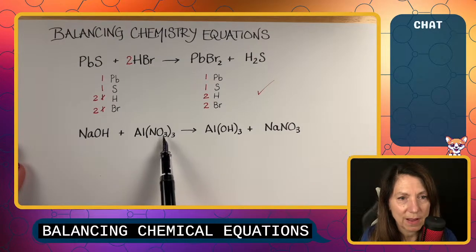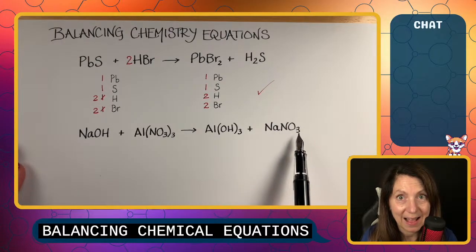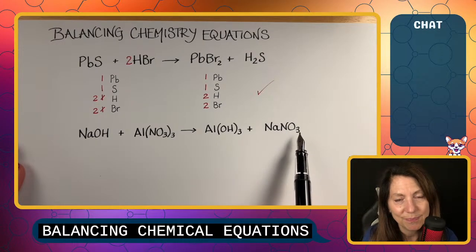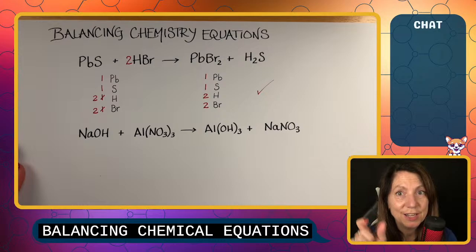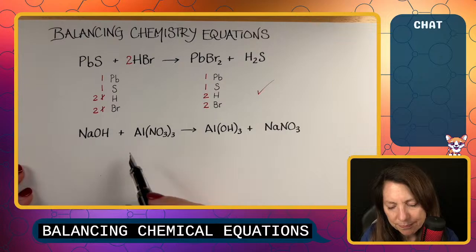Notice how it's on this side as NO3, in parentheses, and there's 3 of them. And then it's still over here, still intact as a polyatomic ion. So you can actually treat that as a unit. Now, this only works if there's the same polyatomic ion on both sides. So I'm going to show you how that works here.